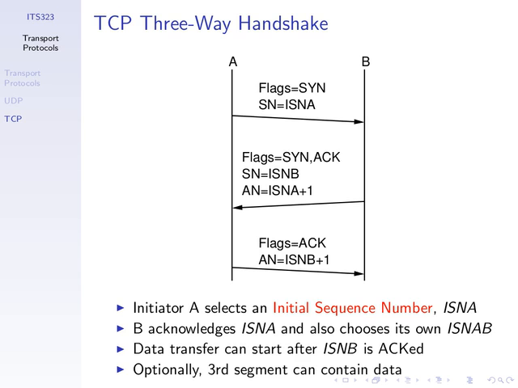In addition, B is going to acknowledge the initial sequence number chosen by A, saying, thank you, I agree that you can use this sequence number 361, and therefore in this one TCP segment, we also set the ACK flag to true. It's an acknowledgement of this.